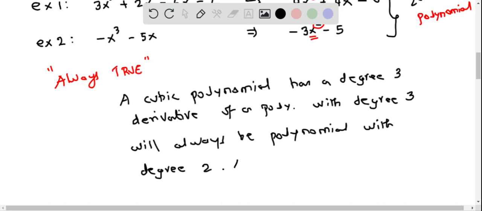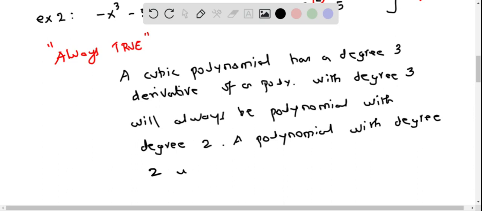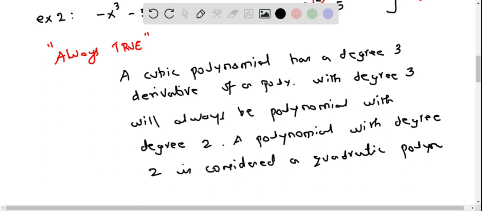And a polynomial with degree 2 is considered a quadratic polynomial. So this is the reason for the statement to be always true.